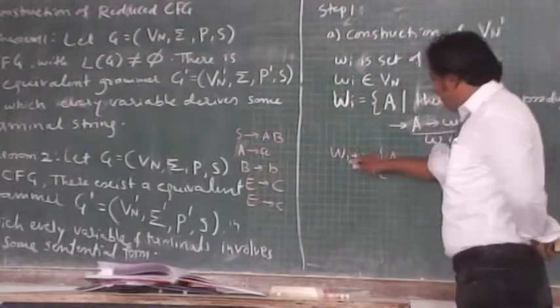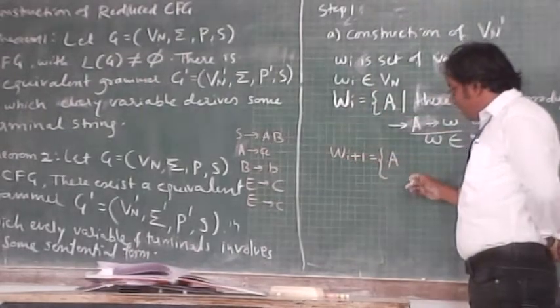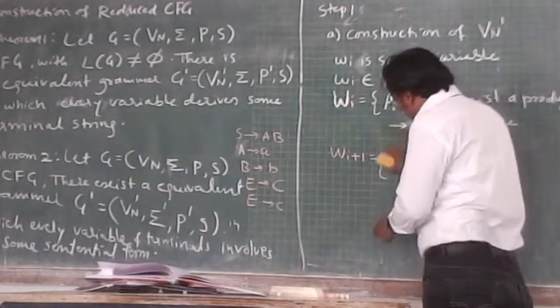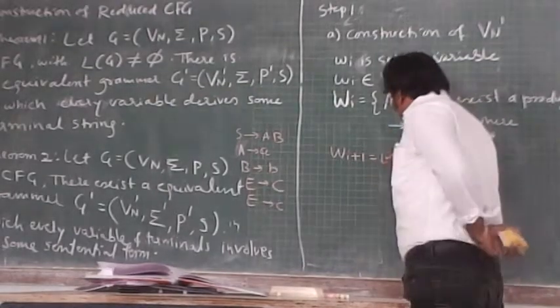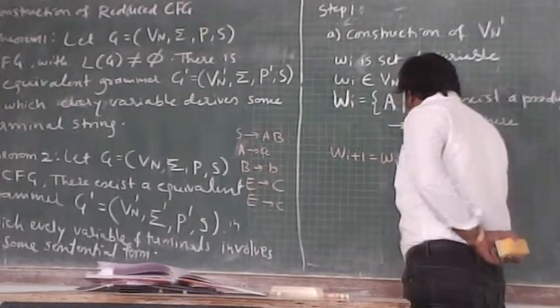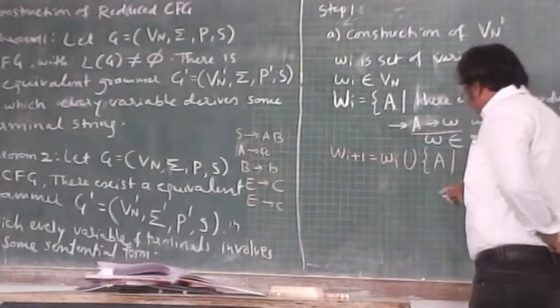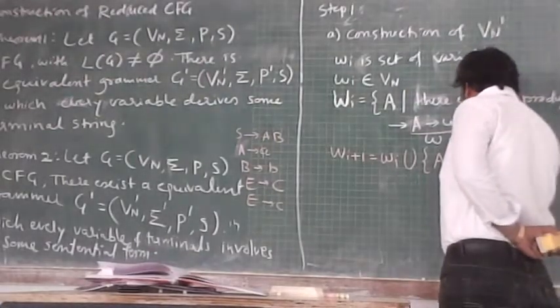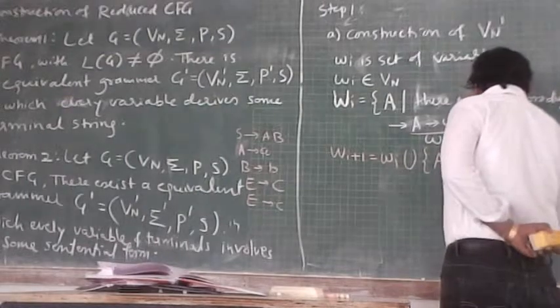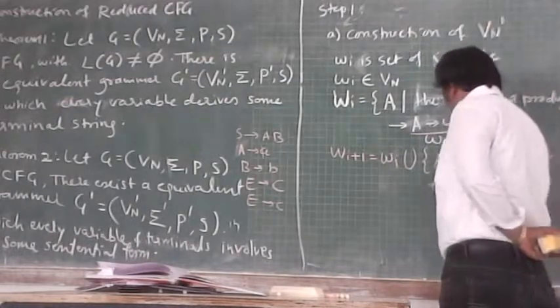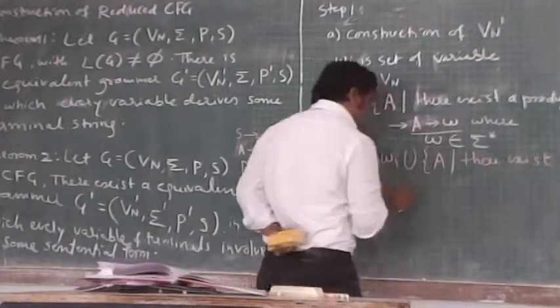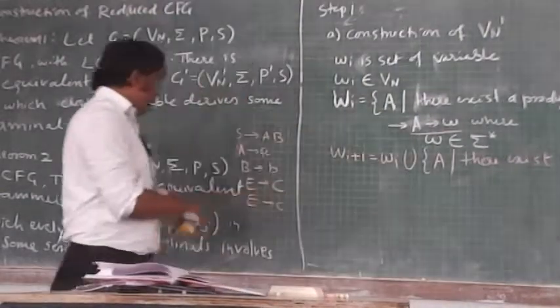Here I am calculating Wi plus 1, which is Wi union the additional variables A such that there exists a production.